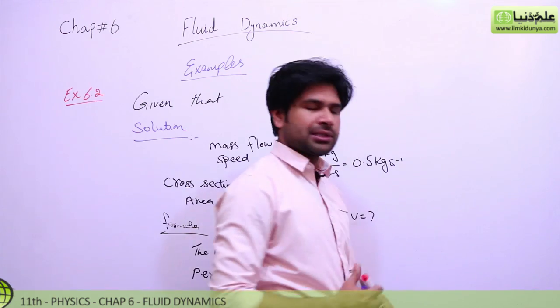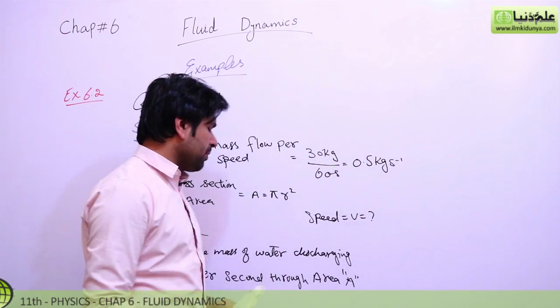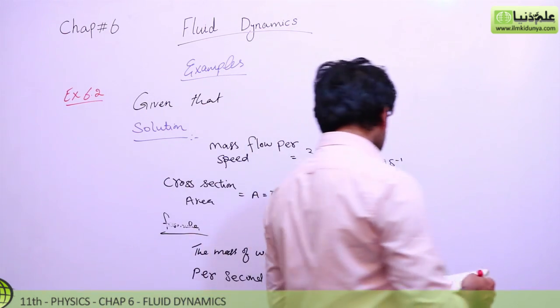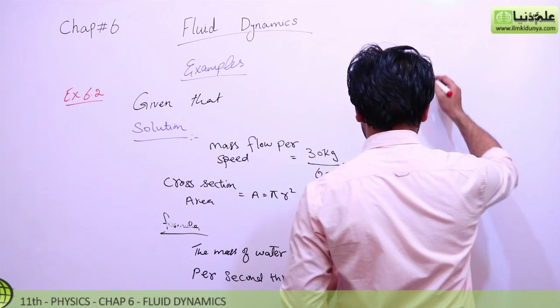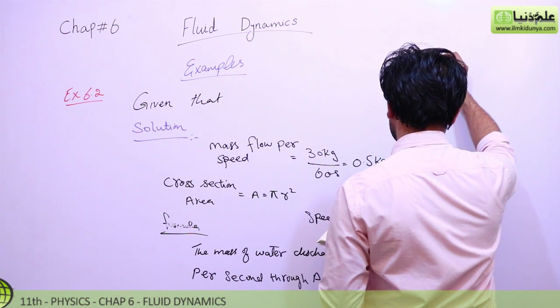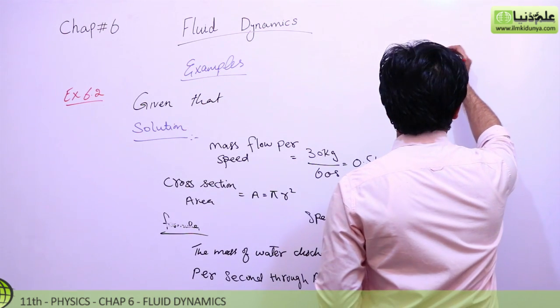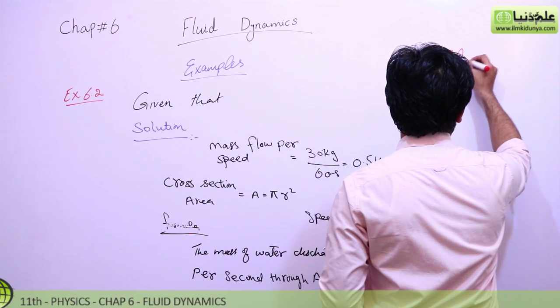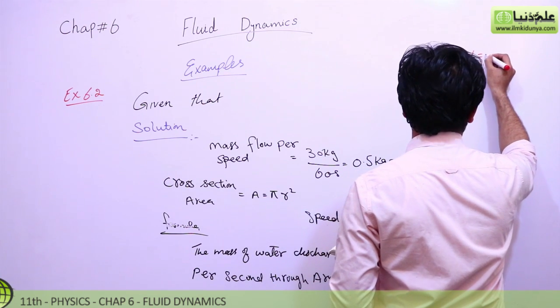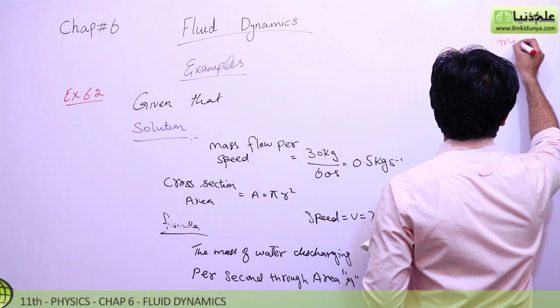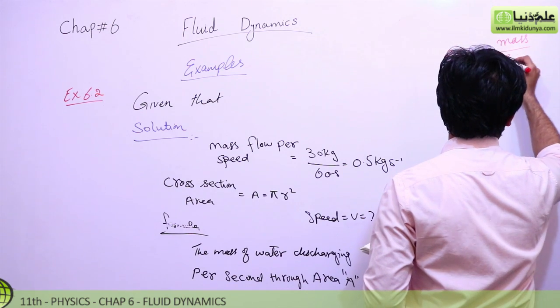This is the formula: the mass of water discharging per second through an area is given as density into A into V equal mass per second.